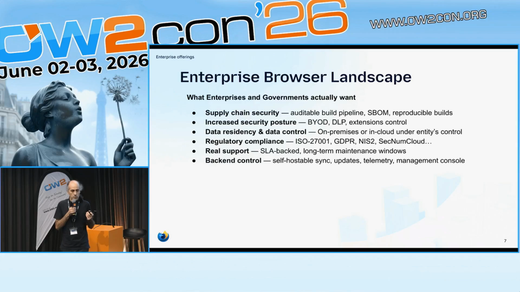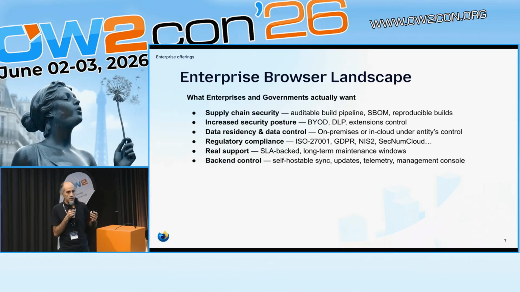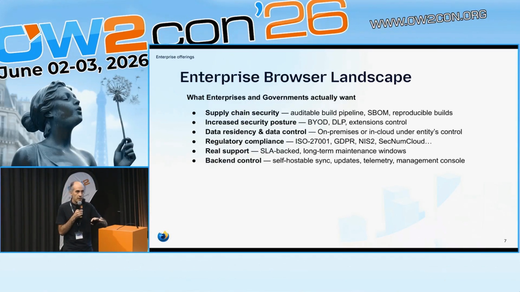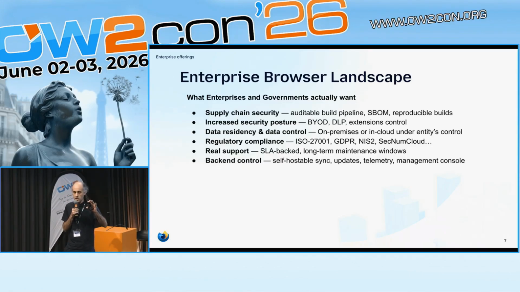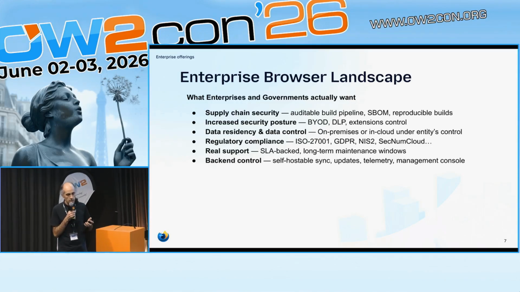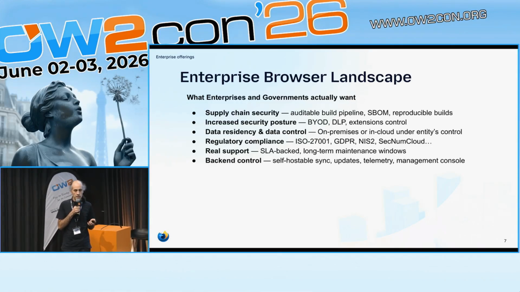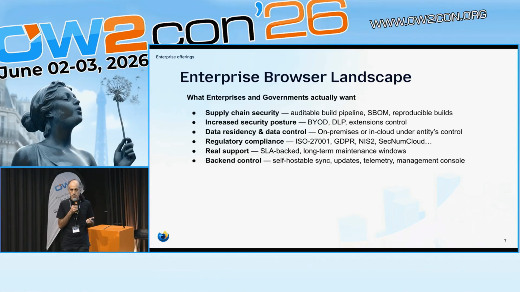They want data residency, so they want to be able to control data. They want to host data where they want and not depend on a cloud somewhere under some legislation that they do not control. They need some compliance in terms of regulatory laws.